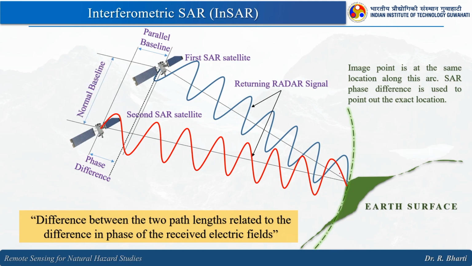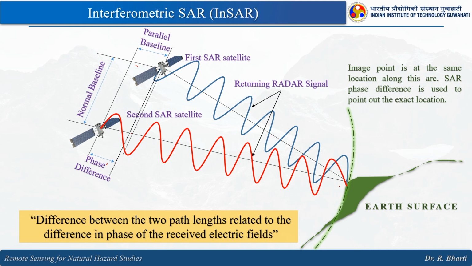Here you can see the normal baseline, which is the distance between these two satellites, and this is the phase difference and the parallel baseline. From here to here is the parallel baseline, and this is the phase difference. Then comes the returning radar signal.